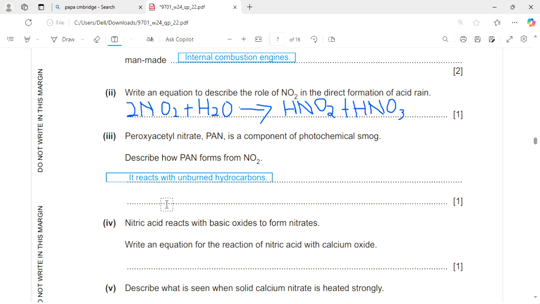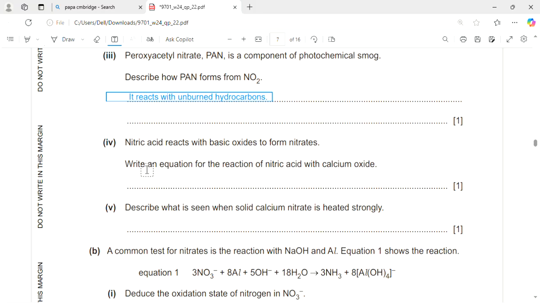We have another part. Nitric acid reacts with basic oxides to form nitrates. Nitric acid reacts with calcium oxide. Write an equation for this.